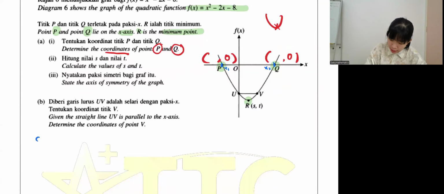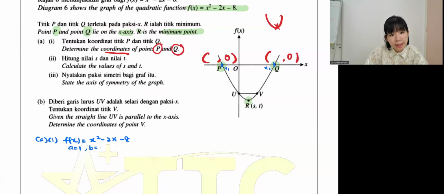Now question A. They give us f(x) equals x squared minus 2x minus 8. So guys, A is 1, B is -2, C is -8. Key in your calculator.